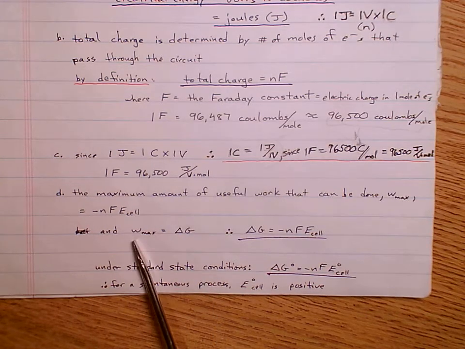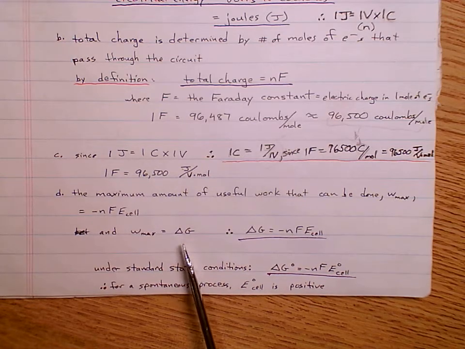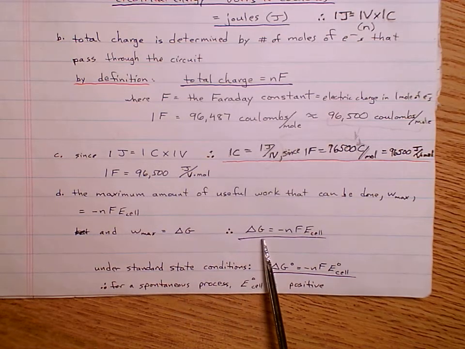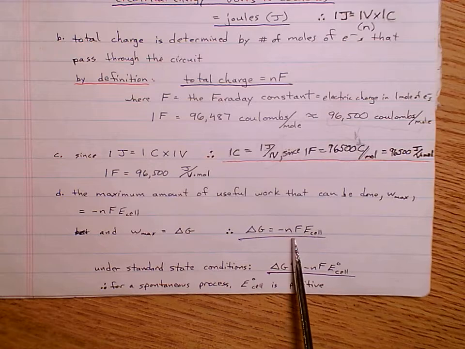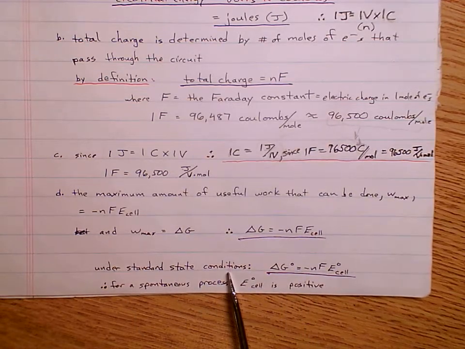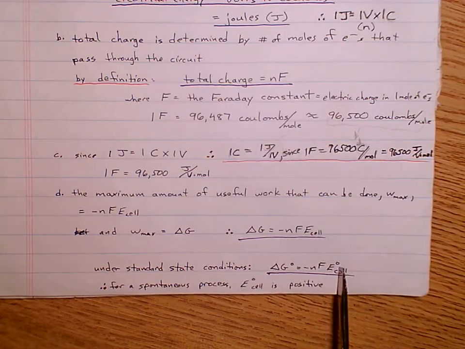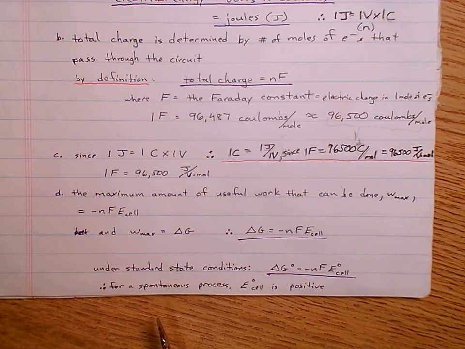It turns out that the maximum amount of work equals delta G, the change in Gibbs free energy. Therefore, the change in Gibbs free energy is negative nF E cell. And if we put it under standard state conditions, delta G naught equals negative nF E naught cell.